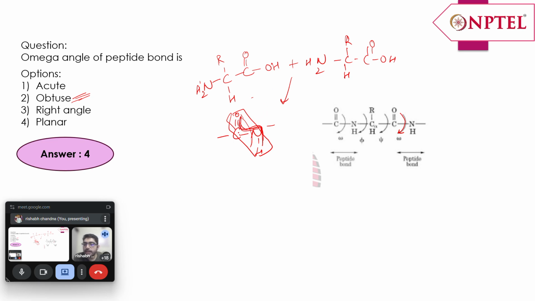So this omega angle is a planar angle, which means option 4 is the correct answer. Okay, any doubts in this question?